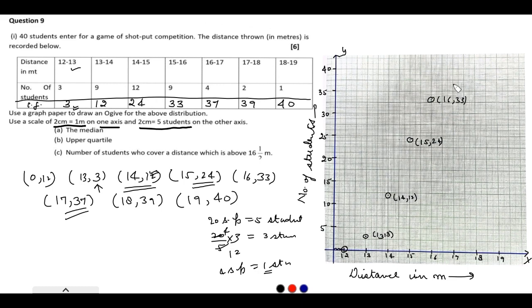Remaining 2 students, 8 parts. 18, 39: 34, and after 34 you have to take 4, means 16 small parts, because 4 small parts is equal to 1 student. And last will be 19, 40. Now join these points with free hand.